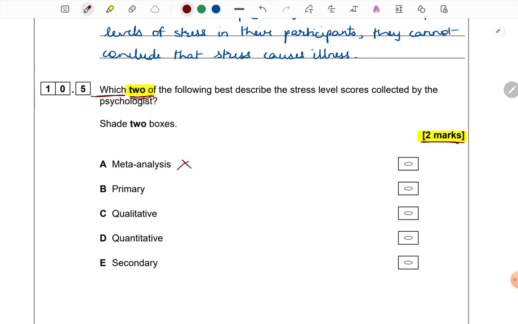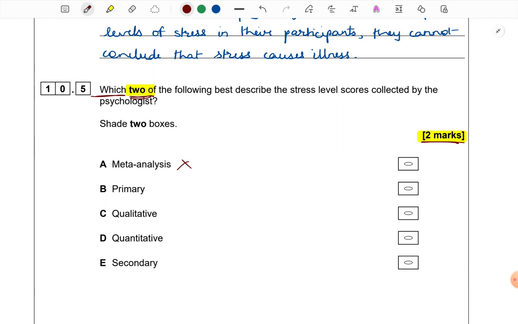I'm just explaining to you how to think about the options. Always think thoroughly. When I speak out, it seems like it takes too much time to think. When you do it mentally, it hardly takes any time. It is worth the effort rather than just marking anything in a rush and later regretting that you didn't read through carefully. So just consider all the options before marking out anything.